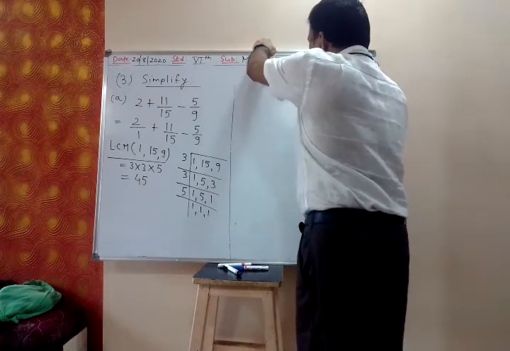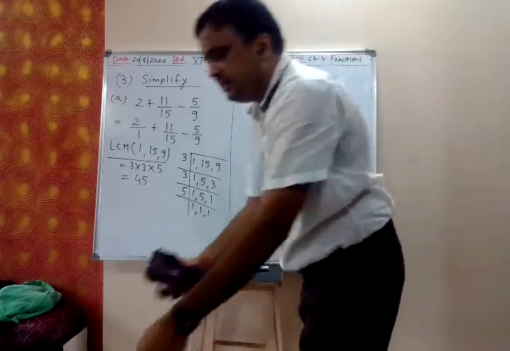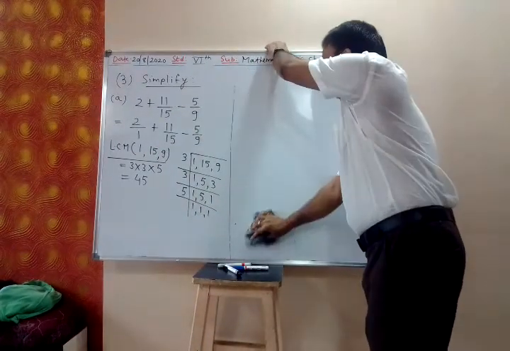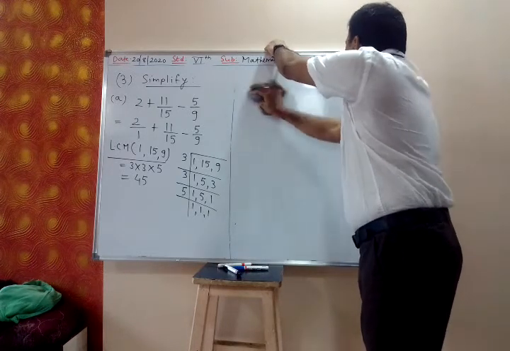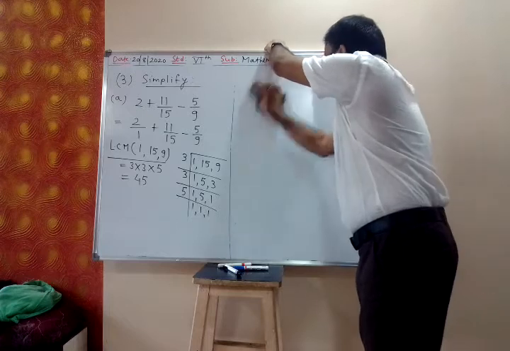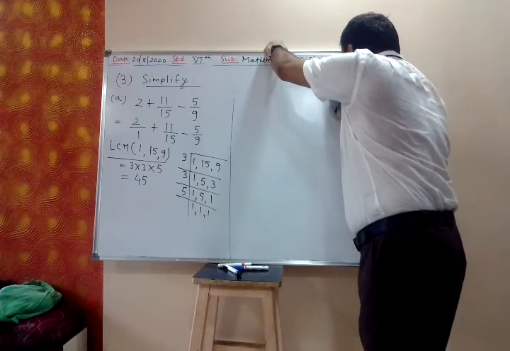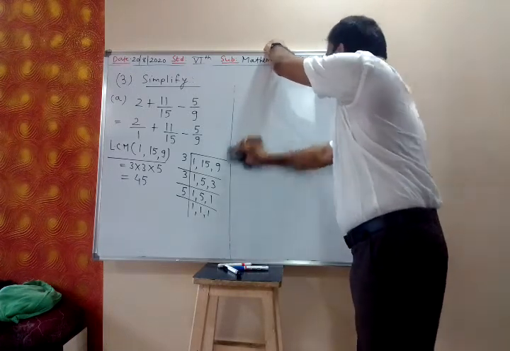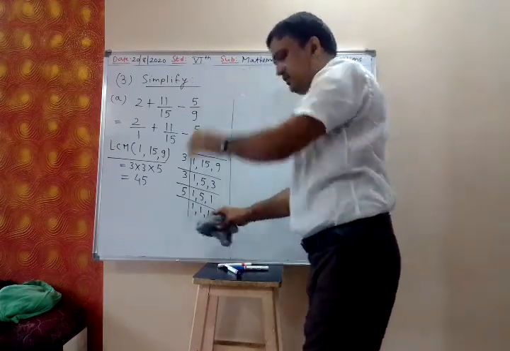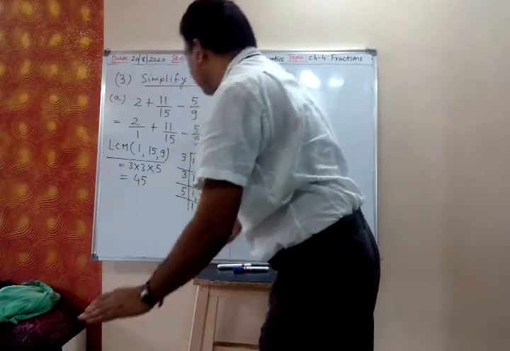Then we have taken the LCM of the denominators. The LCM of 1, 15 and 9 is 45. Now I will make the denominator of each fraction 45, and then after getting like fractions, we will simplify.